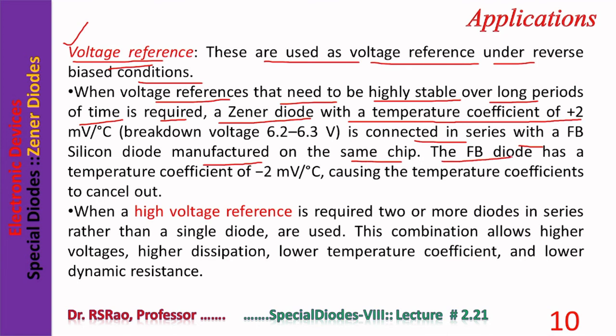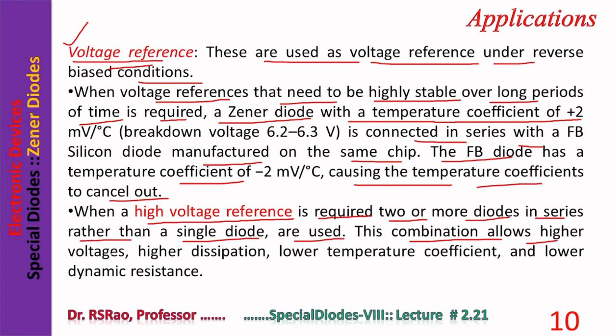The forward biased diode has a temperature quotient of -2 millivolts per degree centigrade, causing the temperature quotients to cancel out. When a high voltage reference is required, two or more diodes in series rather than a single diode are used. This combination allows higher voltages, higher dissipation, lower temperature quotient, and lower dynamic resistance.